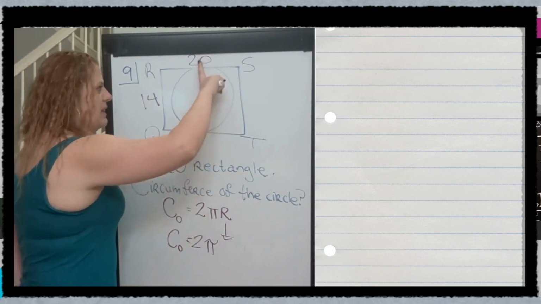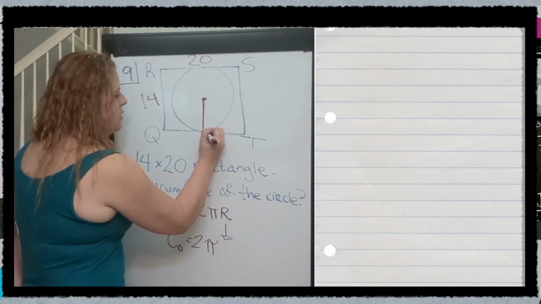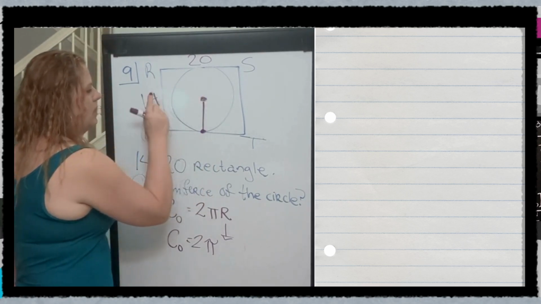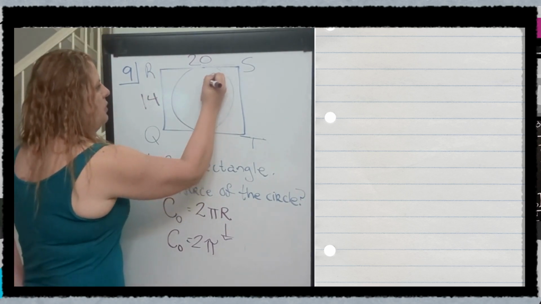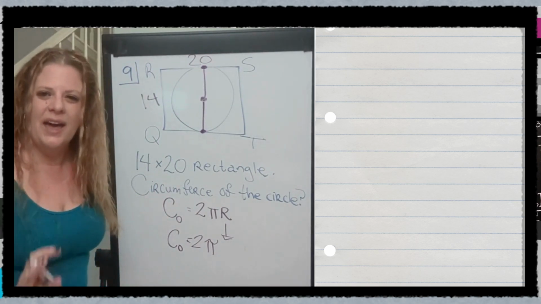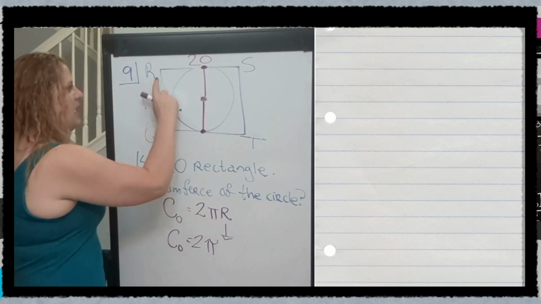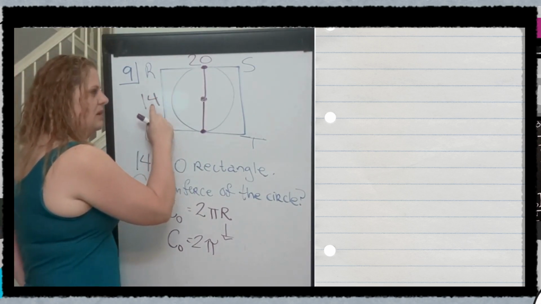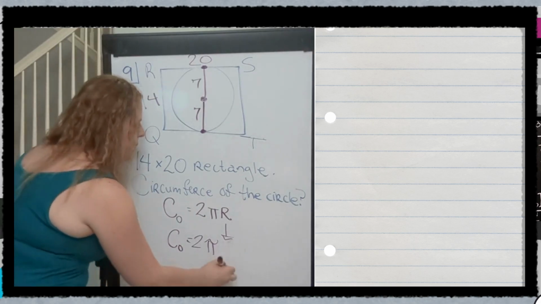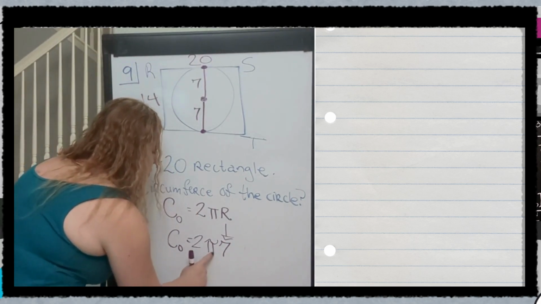So let's look at it lengthwise from here to a point on the circle. We have a 14. That's the whole thing. But what about half of that? Because half of that is the radius. So if this whole thing, top to bottom, is 14, 7 and 7. That makes our radius 7, 2 pi 7.